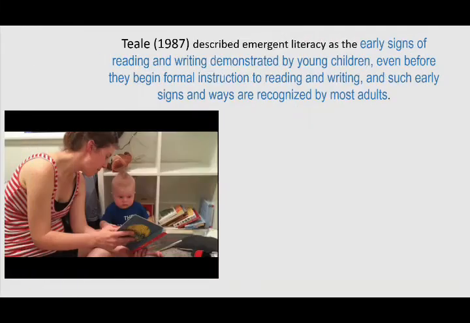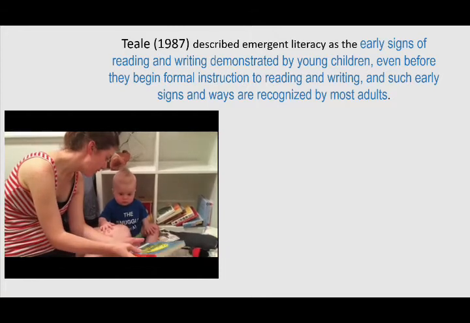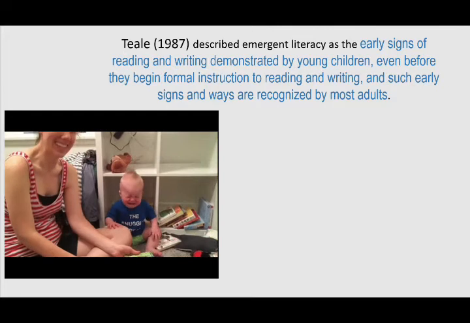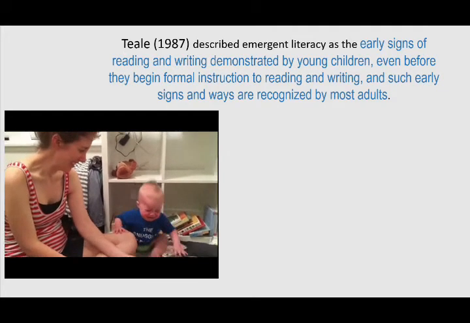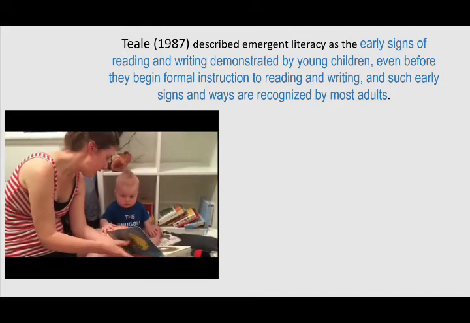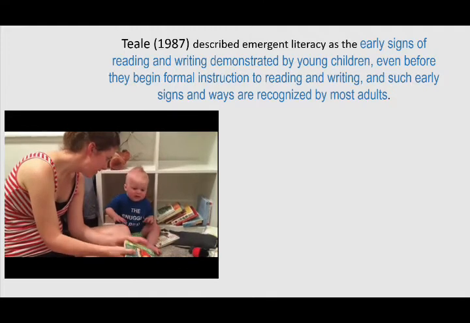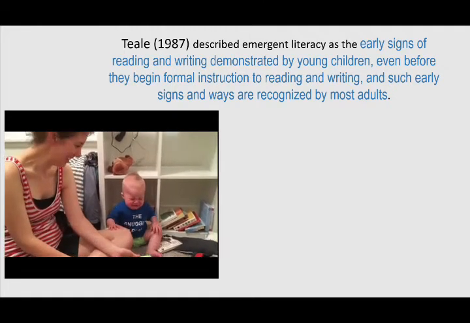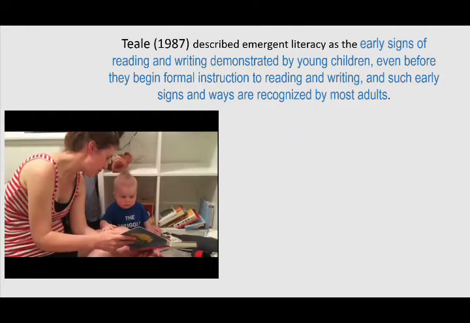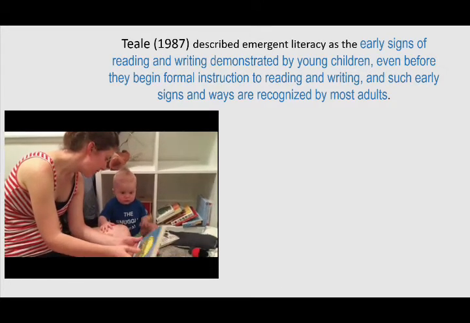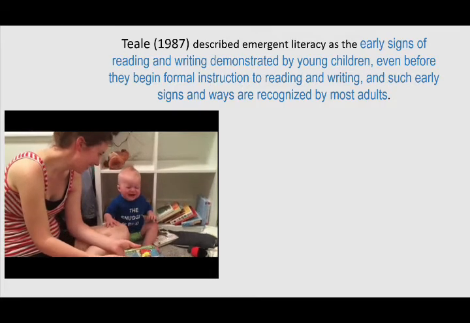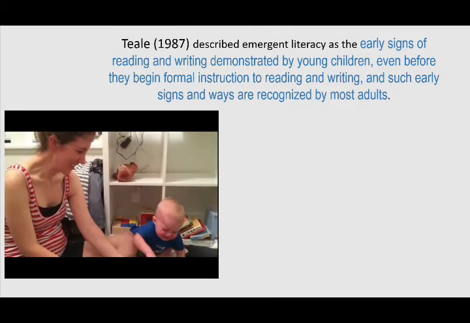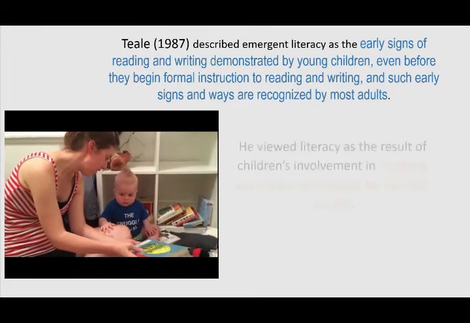Further, Teal, 1987, described emergent literacy as the early signs of reading and writing demonstrated by young children even before they begin formal instruction to reading and writing, and such early signs and ways are recognized by most adults. Adults, we are talking about parents, we are talking about older siblings, class, no?